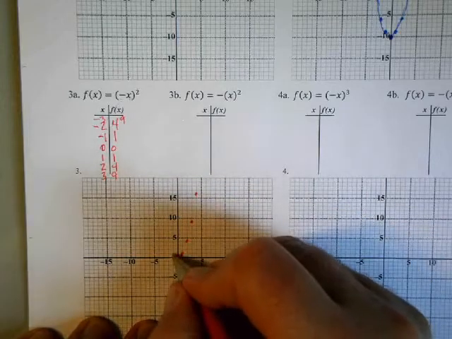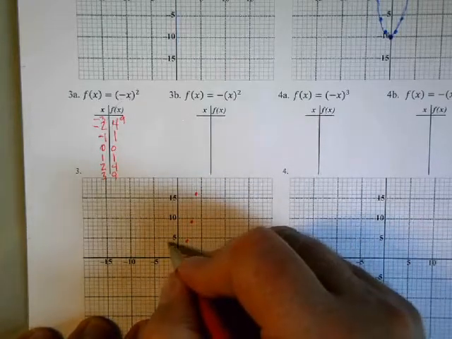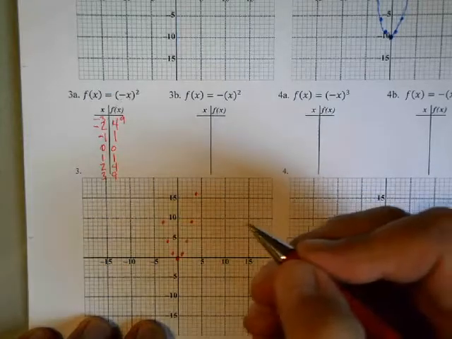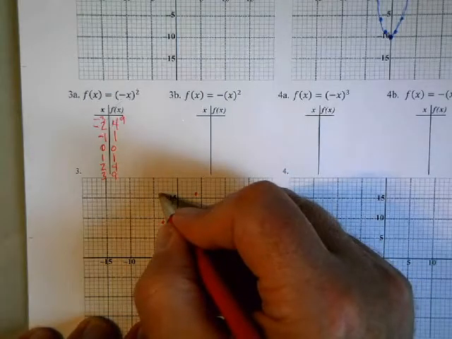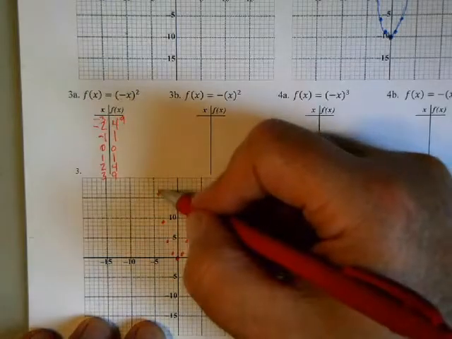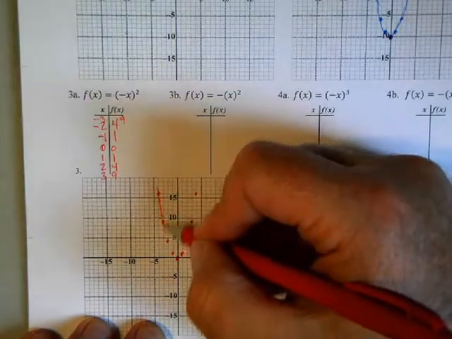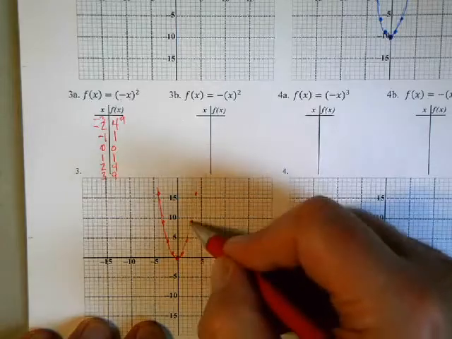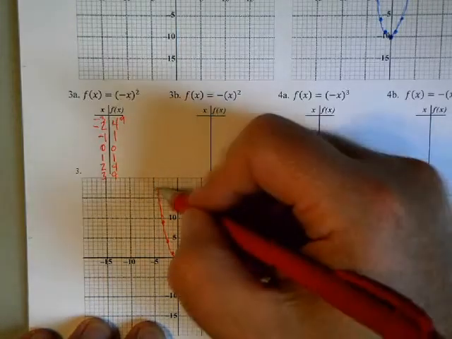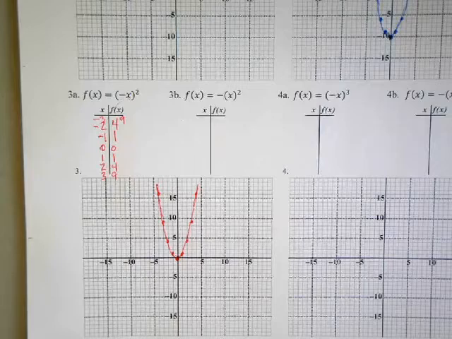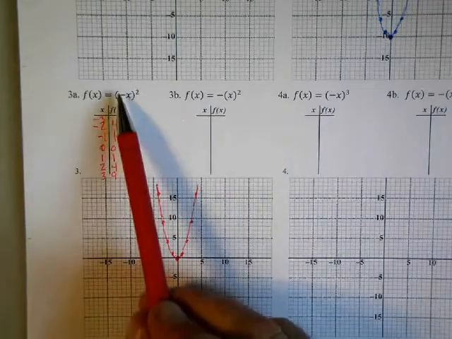Up 1, up 3, up 5, up 7. This will always be true for quadratics. The difference between your y values will be the odd numbers as long as there's no number in front of what you're squaring.